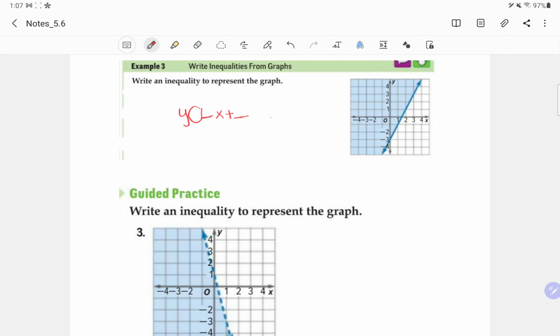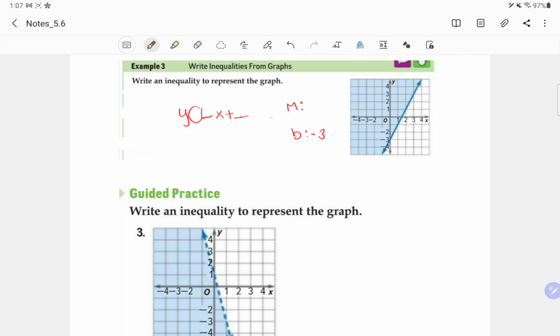So I'm going to start by finding m and b. B is what we graph first. It's also the easiest thing to find first, so figure out where you cross your y-axis. I cross my y-axis at negative 3, so my b value is negative 3.